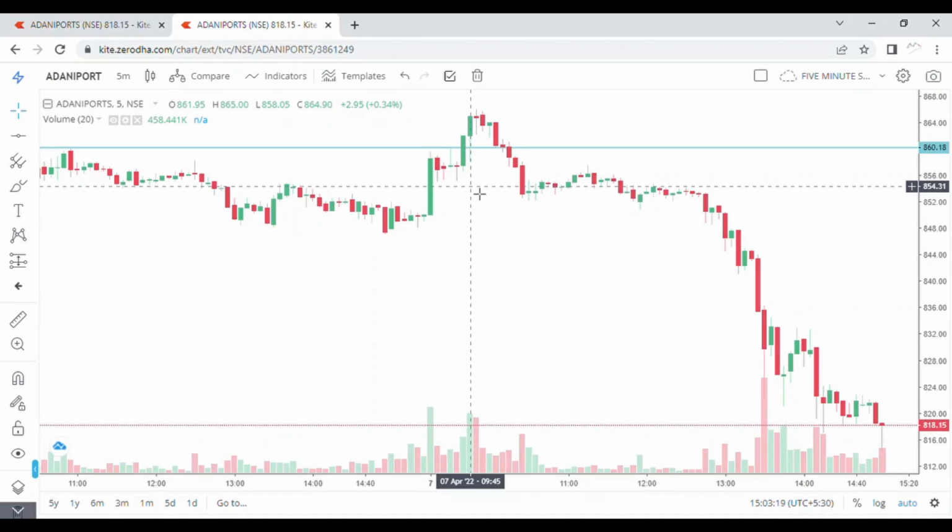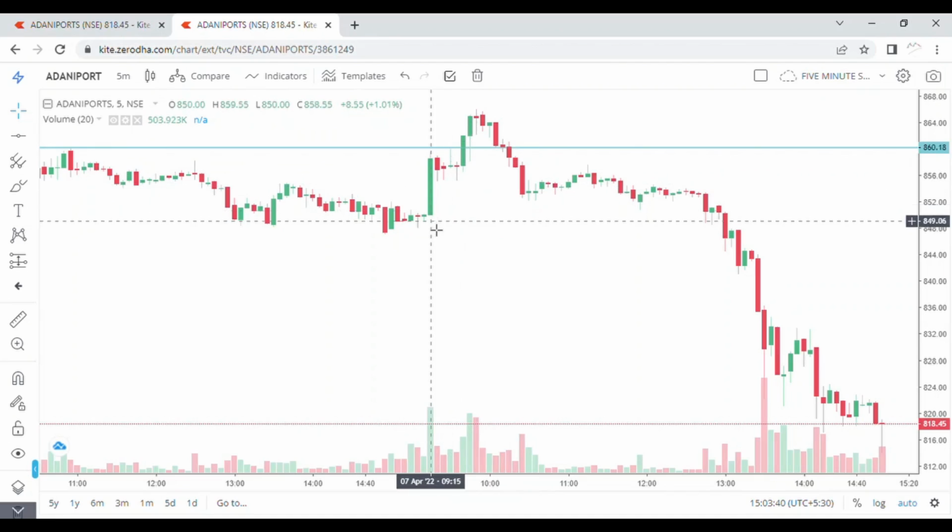But this doesn't mean that you will not take a trade on your setup, because this setup was provided by the market. Maybe the next time this setup will give me huge profit, and most of the time it does. It depends on the market condition and other factors.